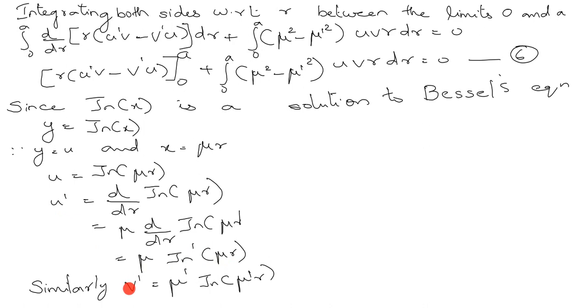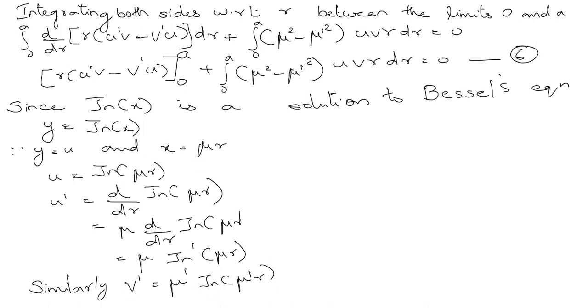Similarly for v, v is equal to Jn of mu dash r, that I have not written here, you please add. And then v dash will be equal to mu dash into Jn dash of mu dash r.